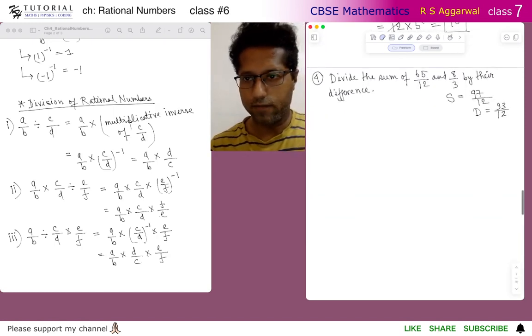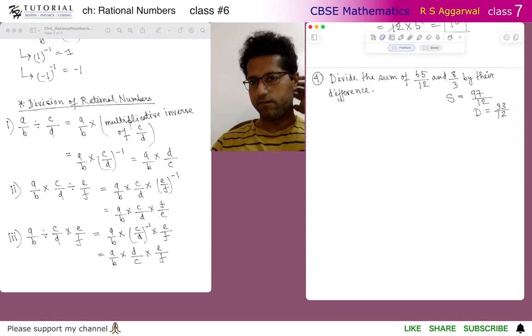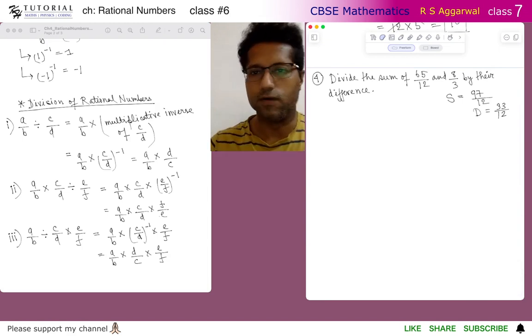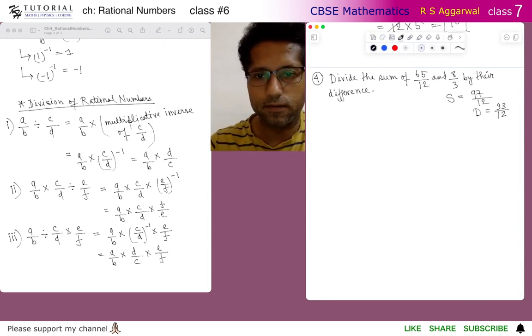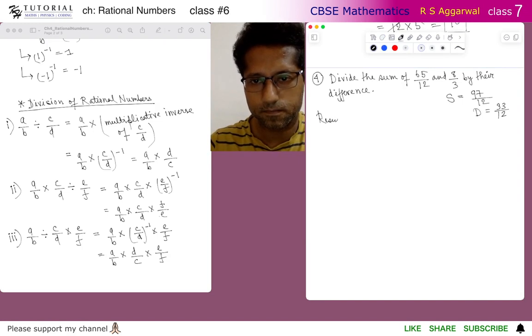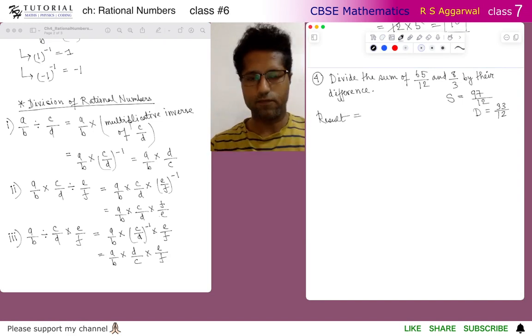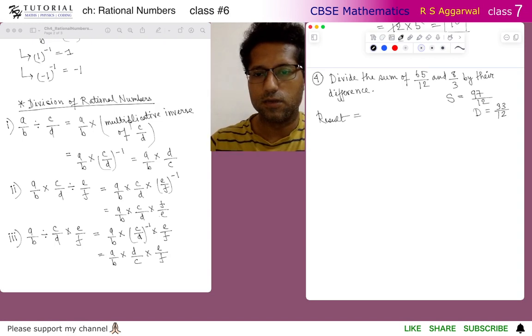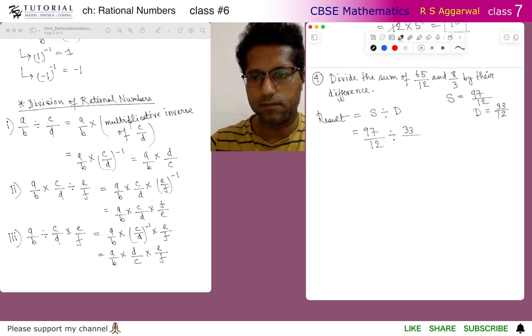Okay, so I have the sum as 97 by 12 and the difference as 33 by 12. So the result that we have been asked to find is the sum divided by the difference. This is 97 by 12 divided by 33 by 12.